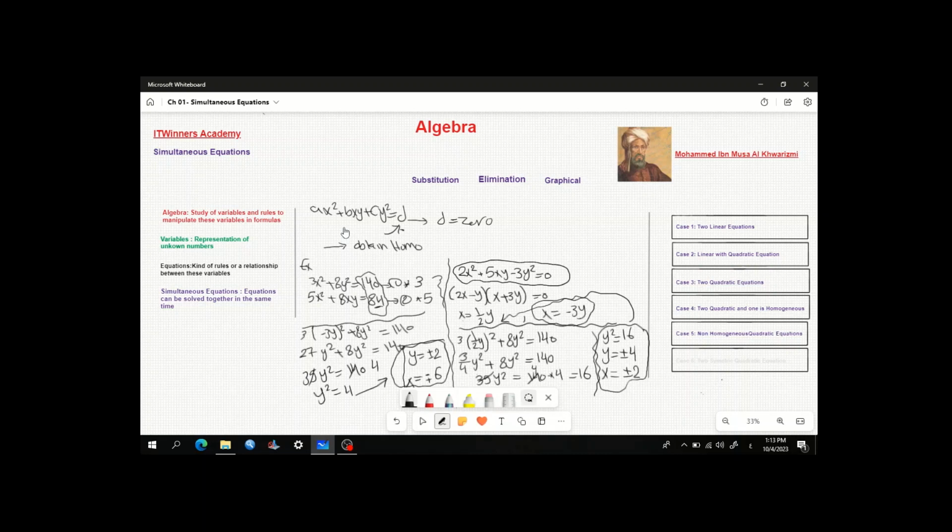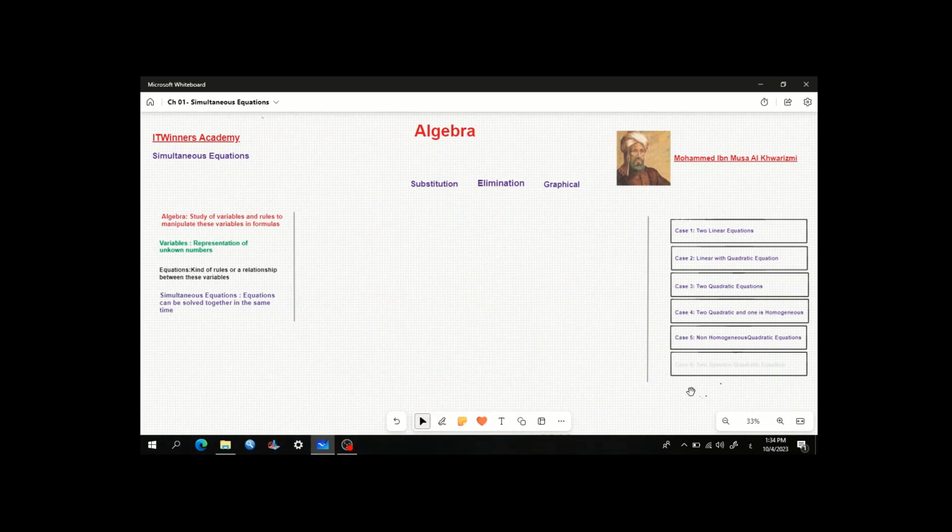Let me clear that. Let's move to our last case: symmetric quadratic equations. What's a symmetric equation?